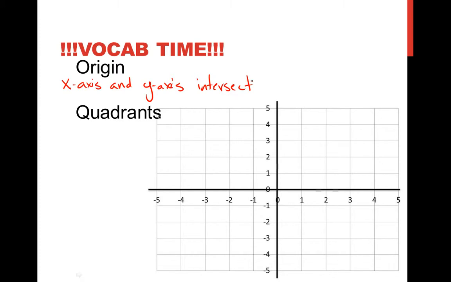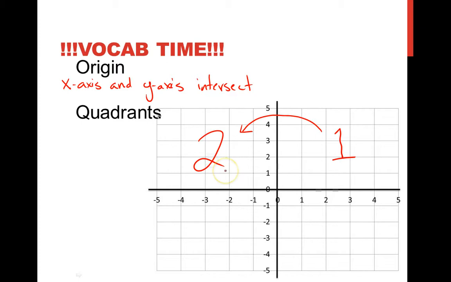The quadrants are the 4 areas that the x-axis and y-axis create. What you do is you start in the top right corner, and we call this my first quadrant. Quadrant number 1 is in this area. You can see x is positive and y is positive in this first quadrant. Then we go counterclockwise.